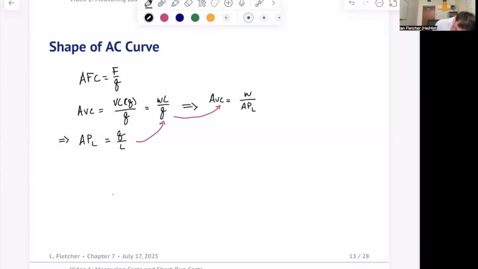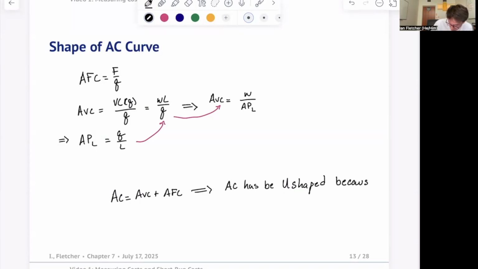And so when our AC is our AVC plus our AFC, then we know that our AC has to be U-shaped because our AVC is U-shaped.